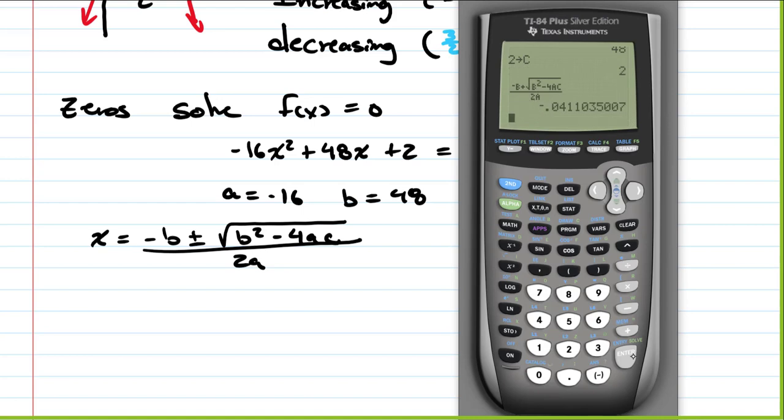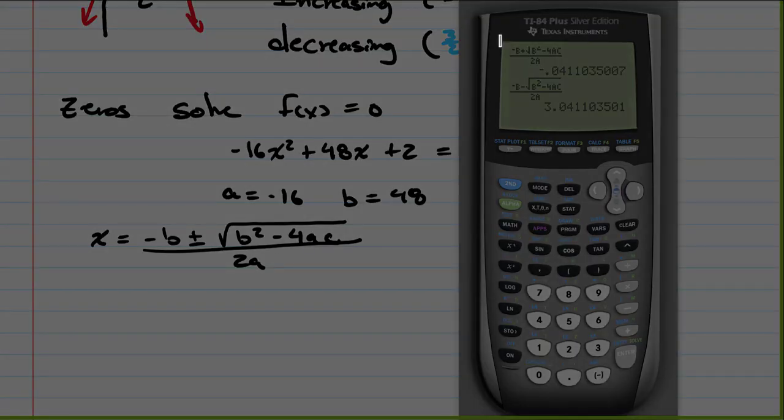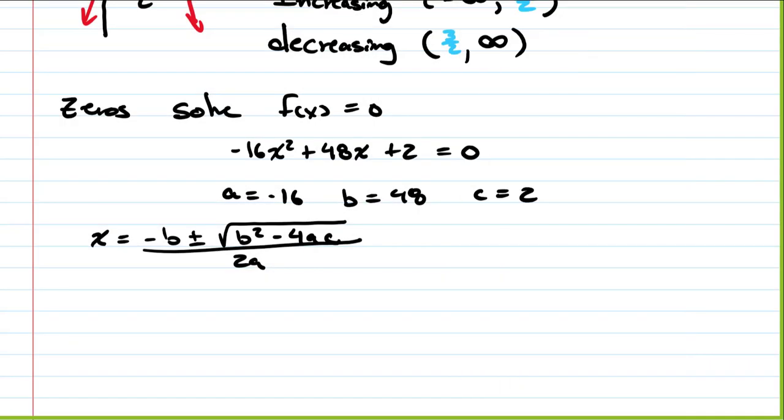And I press enter, and it gives me one answer. And then I don't want to have to type that all again, so I press second and enter, and it will pull up what I typed on the previous line, and then I can just use my back arrow to go change the plus to a minus for the plus or minus in the quadratic formula. Press enter, and this gives me my two values.